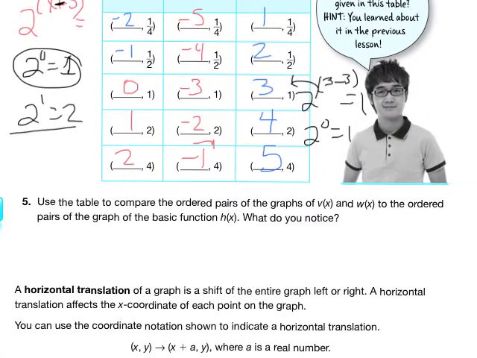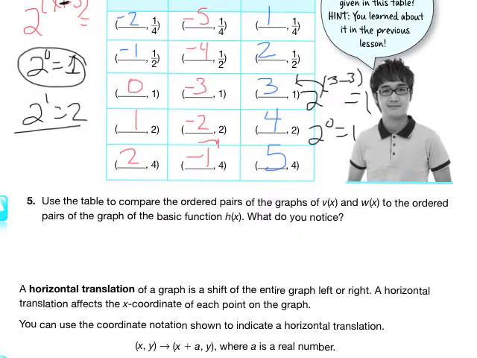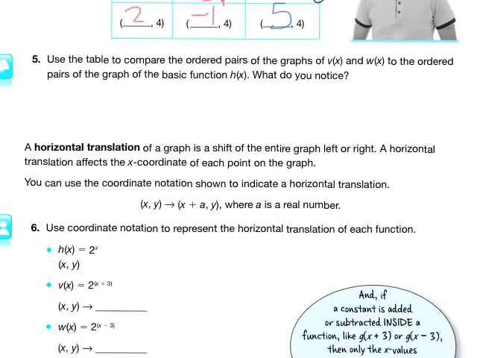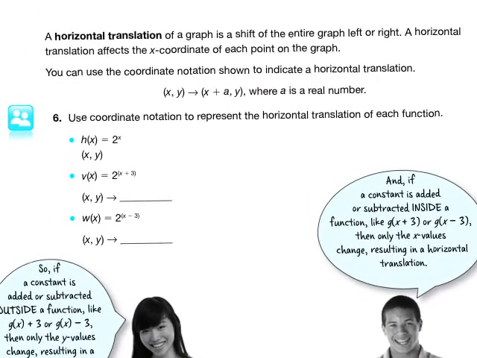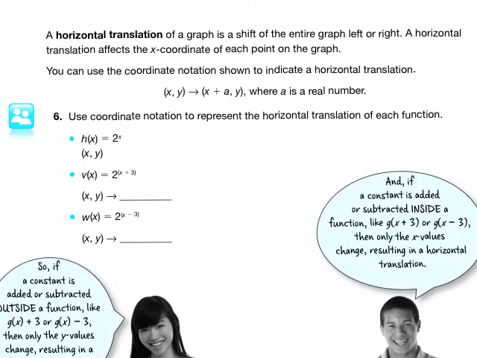See how the y's stayed the same here? 1, 1, 1, and 2, 2, 2, 4, 4, 4. The y's stayed the same. Only the x's shifted. So now if we do a little bit of coordinate notation, all we would say is that the y stayed the same, but the x is shifted.